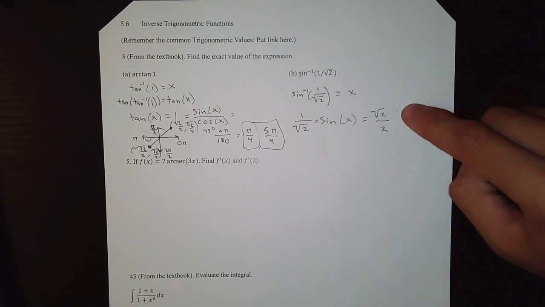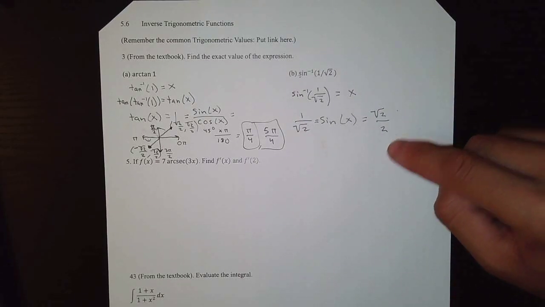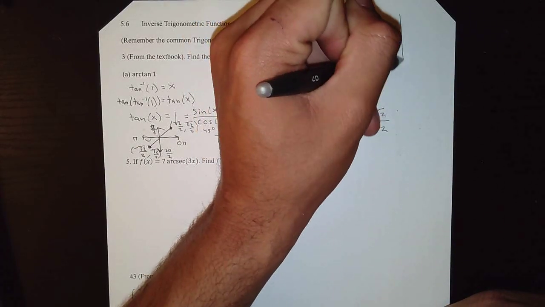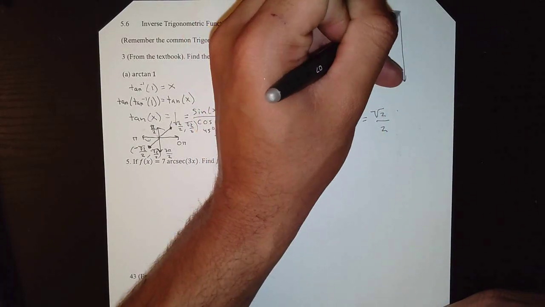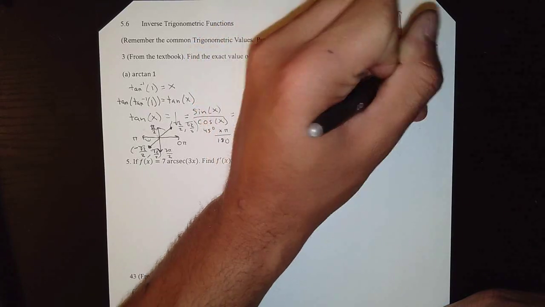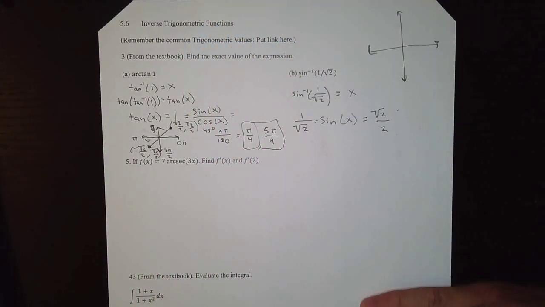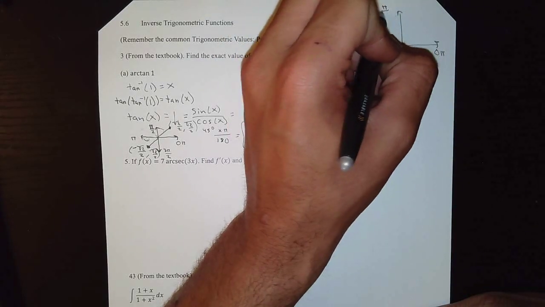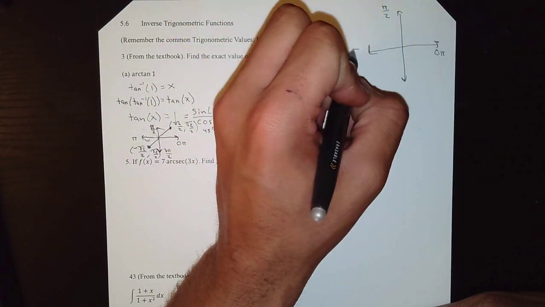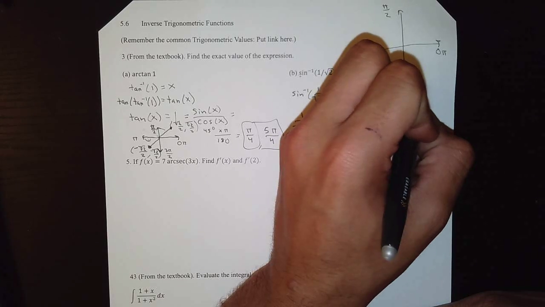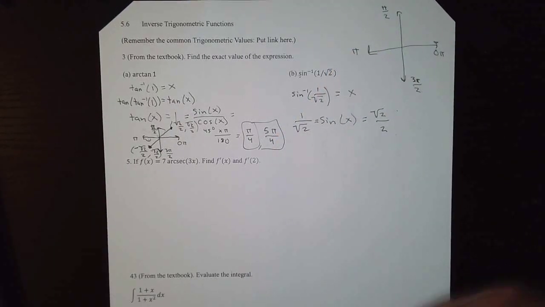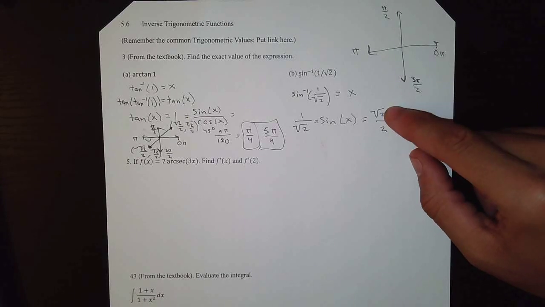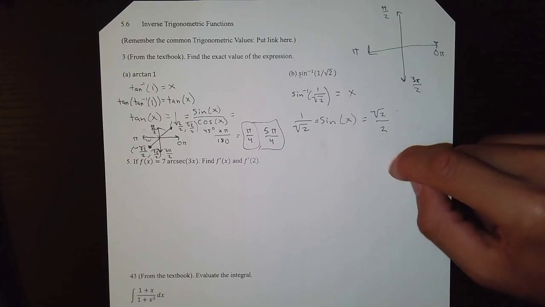And so now that we've rationalized the denominator, we can try to visualize what's going on. And so we have this 0, pi divided by 2, pi, 3 pi divided by 2. And so we want the sine value for which it's equal to the square root of 2 divided by 2.